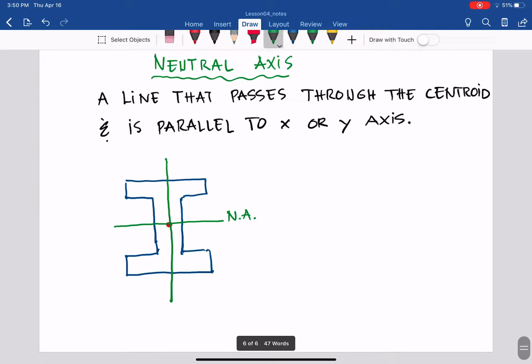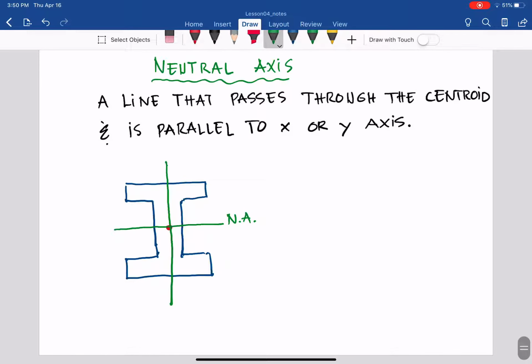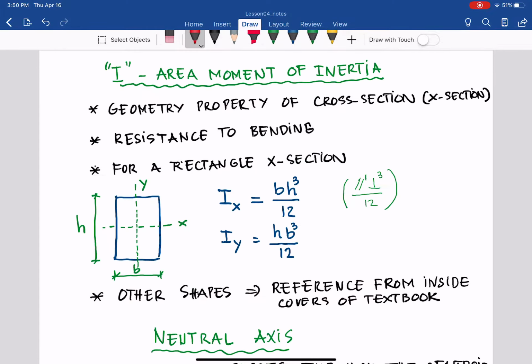If you have another body, for example, one that is only symmetrical in the y direction, the first step is you need to locate where the centroid is. How to determine the centroid? Go back to engineering mechanics. Make the table in the lesson on centroid and distributed load in statics, not dynamics, to find out the centroid.